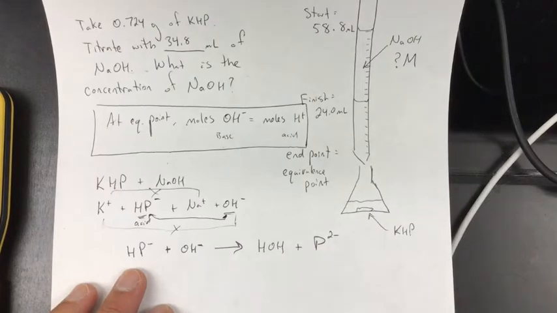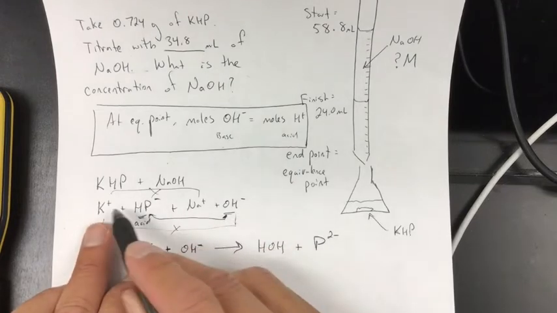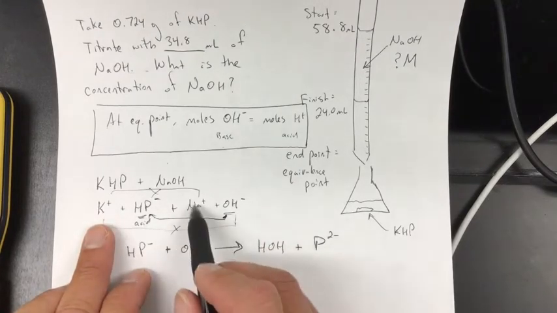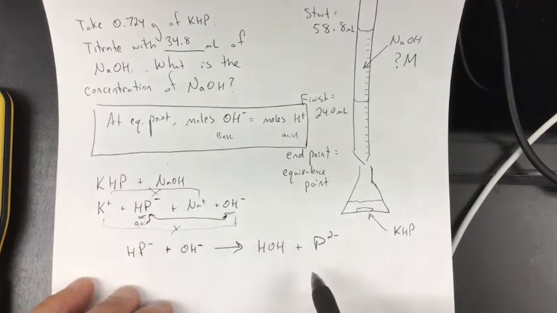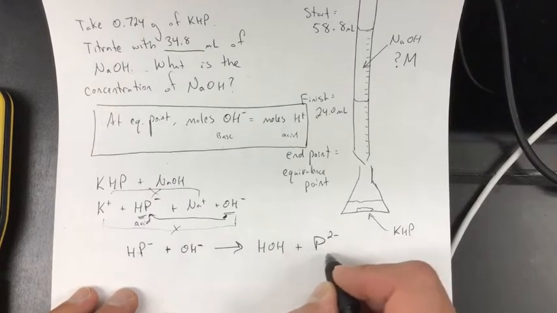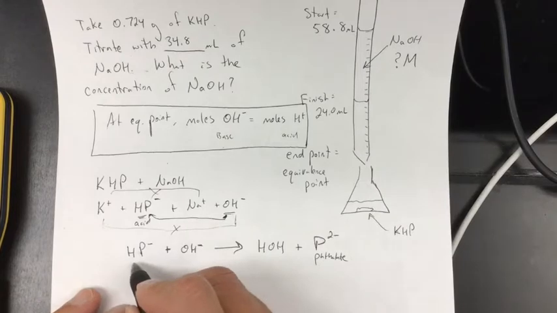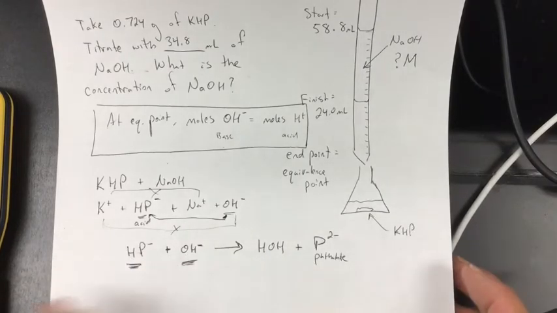Okay, so K can't react with OH because alkali metal. Na, also alkali metal. And so these are the only two things left over. So this is, remember, this is not phosphorus, phthalate, okay? Okay, so we have a 1-to-1 ratio. OH, HP, let's do some math.